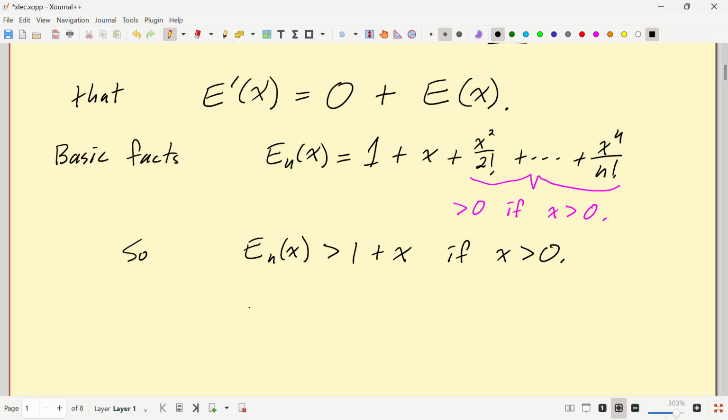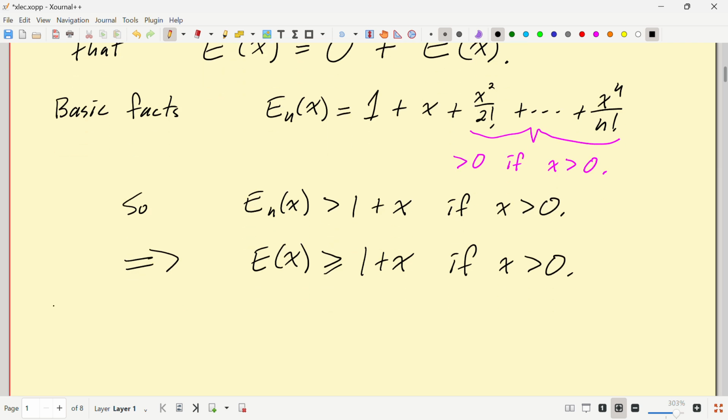And so now when I take the limit, E of x would be, let's make it greater or equal to 1 plus x if x is bigger than 0. So that implies that E of x goes to infinity.